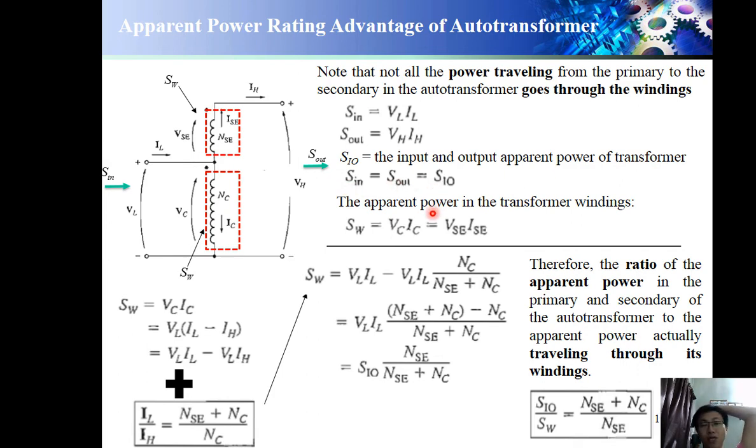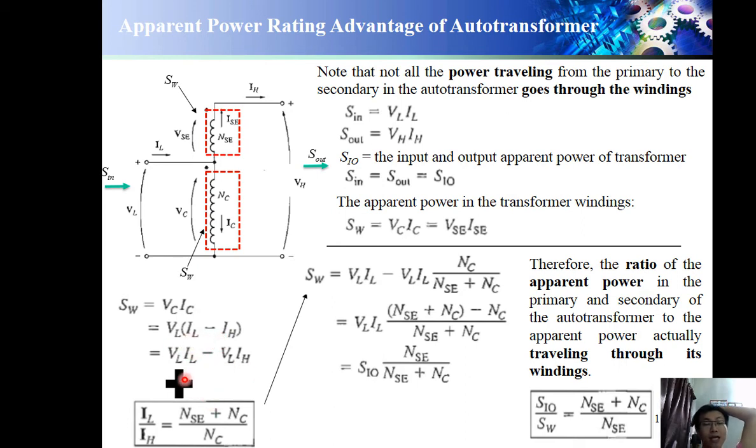And the apparent power in the transformer winding means the transformer winding rating, which is VC times IC and VSE times ISE. So now I know that my SW, which is the winding apparent power, is actually VC times IC, right? Then I substitute my IC with this one. I have this.